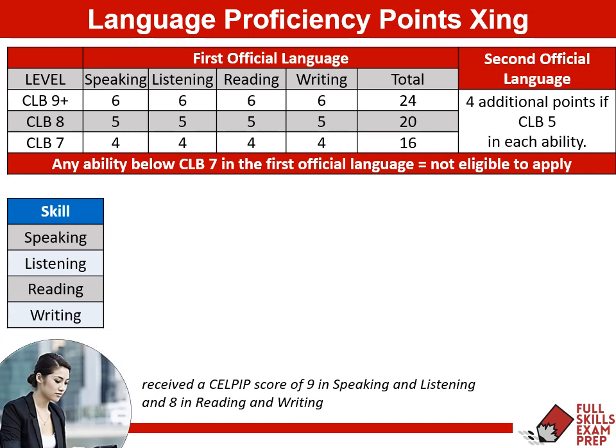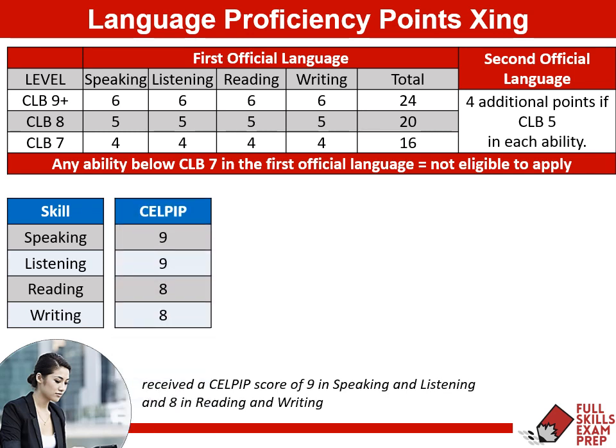Okay, so when we're looking at each element of her exam, we're always looking at speaking, listening, reading, and writing. In her case, she received a 9 in both speaking and listening. In reading and writing, she received an 8 in her CELPIP score.